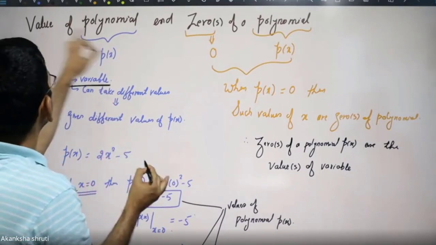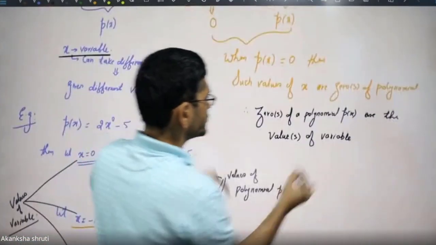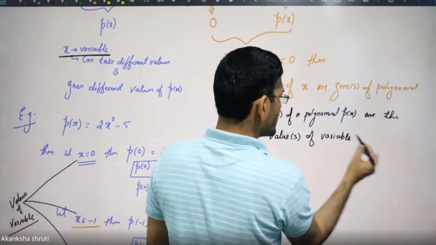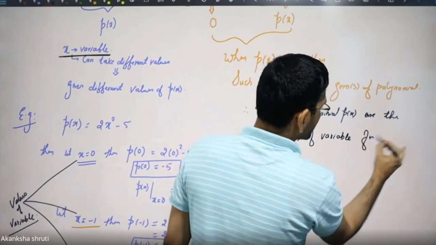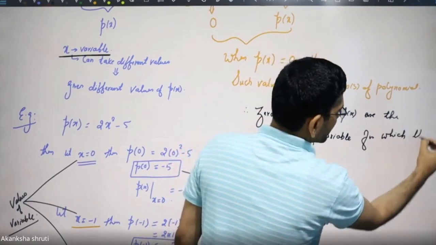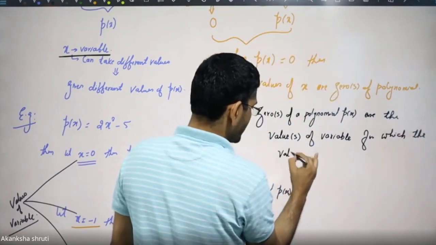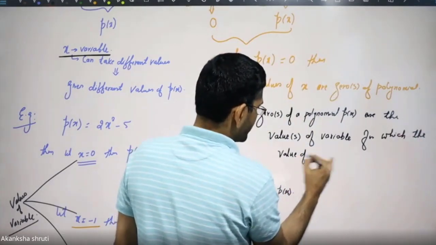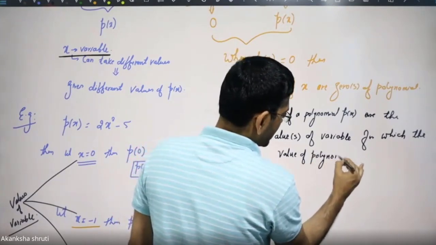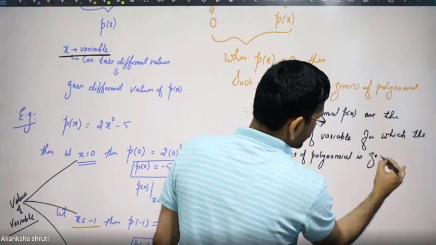Now, value of polynomial, so this x. So zeros of polynomial are the value or values of the variable for which the value of polynomial is 0.